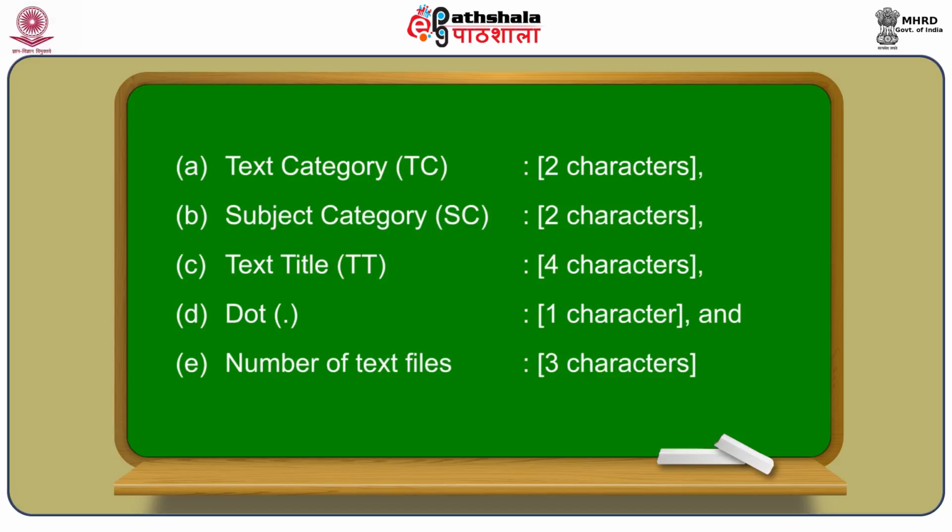The subject category of the text is also represented, the title of the text is represented, and the number of the text file is also represented in the file name. In the case of a multilingual frame, we may need to add another piece of information to identify which language it belongs to.